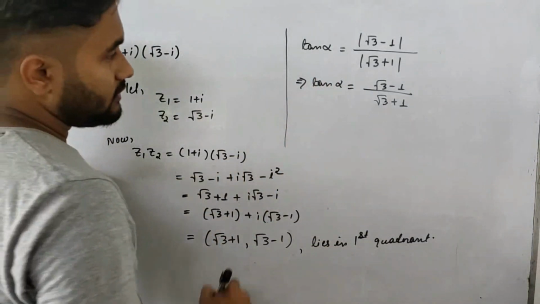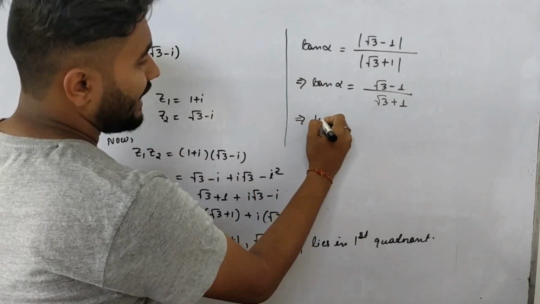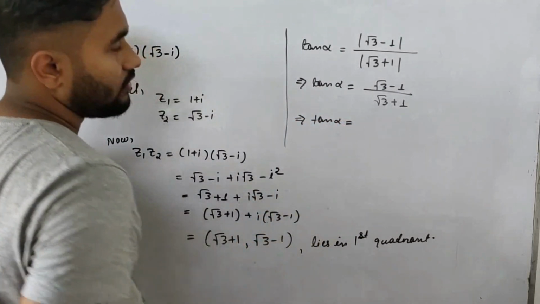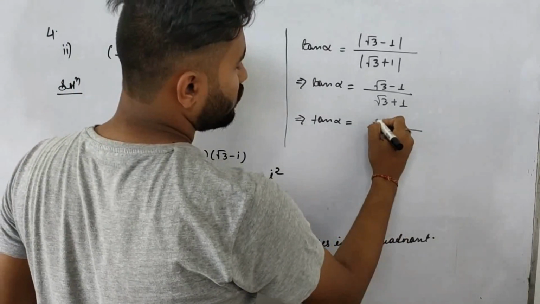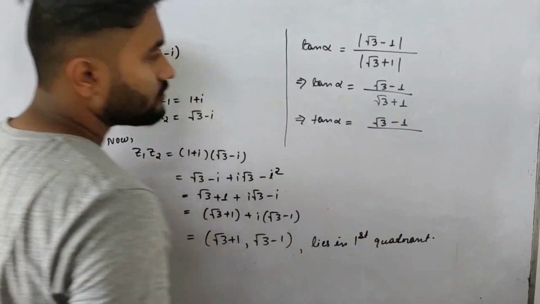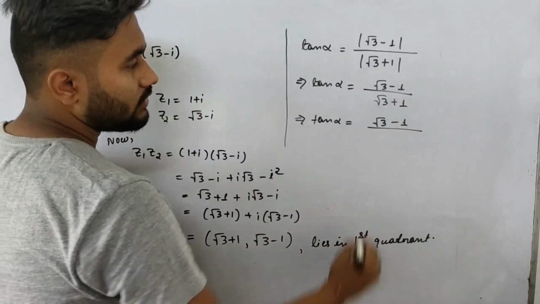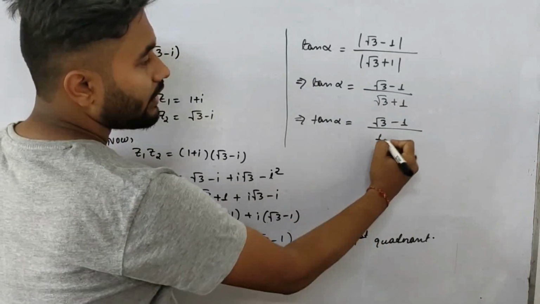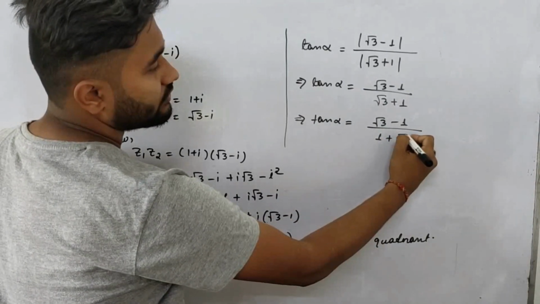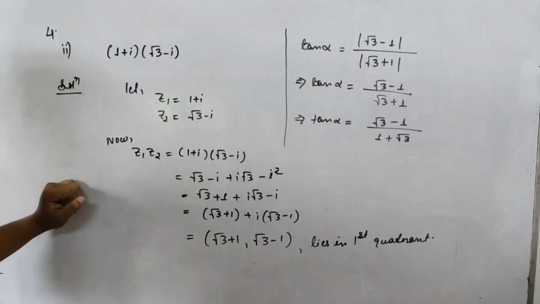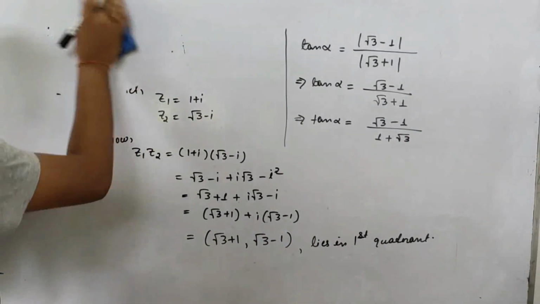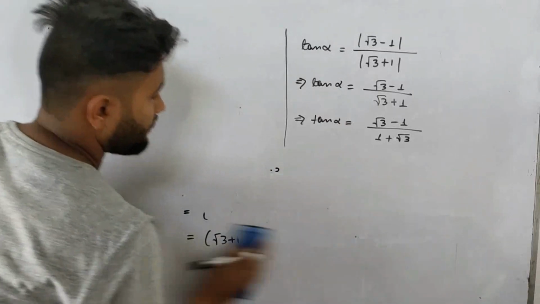So now how to solve this part? You see, tan alpha: over here I will write root 3 minus 1, and this is root 3 plus 1. I will bring this 1 at the front and then plus root 3. You can do a shortcut also, but right now I am doing all the steps.